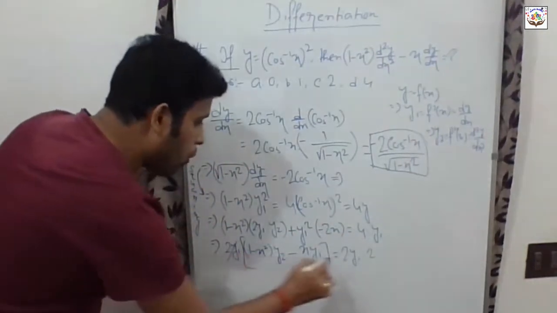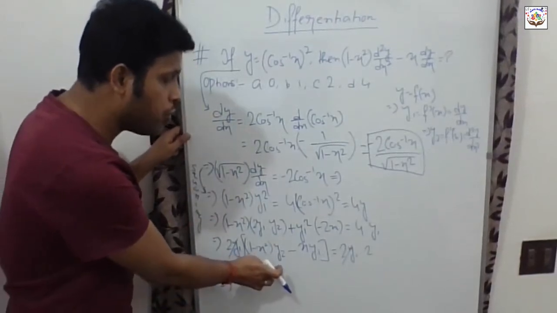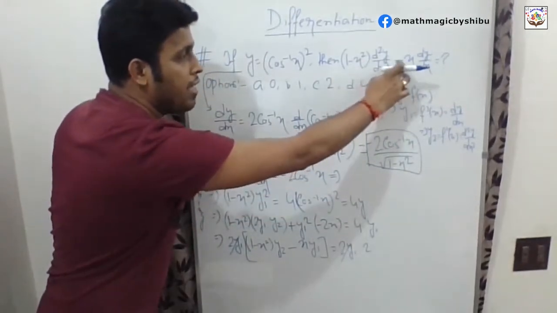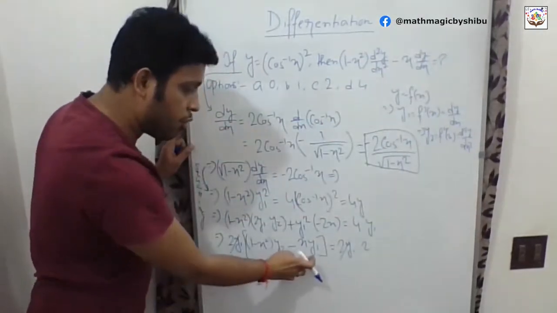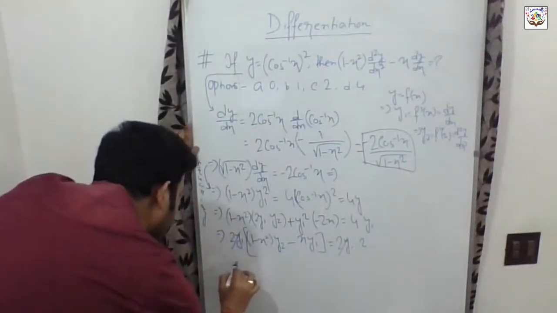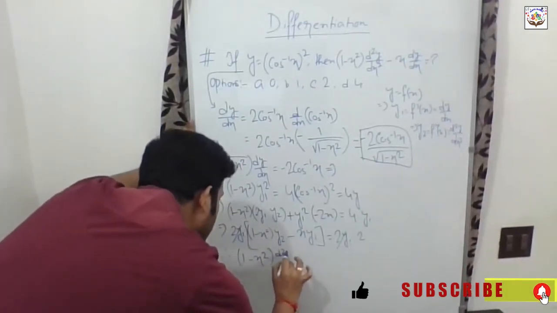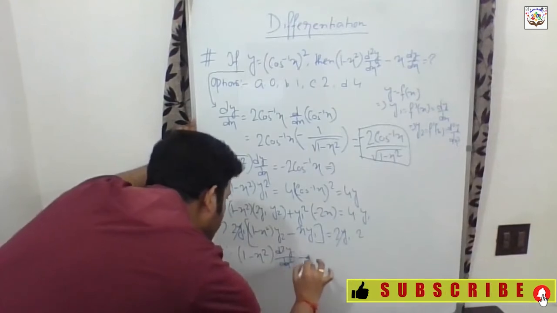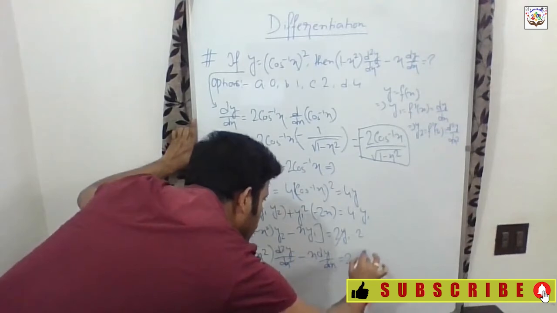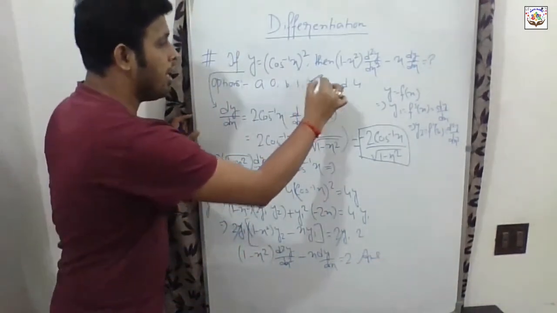If we cancel out 2y1 from both the sides, we have 1 minus x square y2, and y2 means d2y by dx square, minus x into y1, equals to 2. So finally we can write 1 minus x square d2y by dx square minus x into dy dx equals to 2. So we have option C as the right answer.